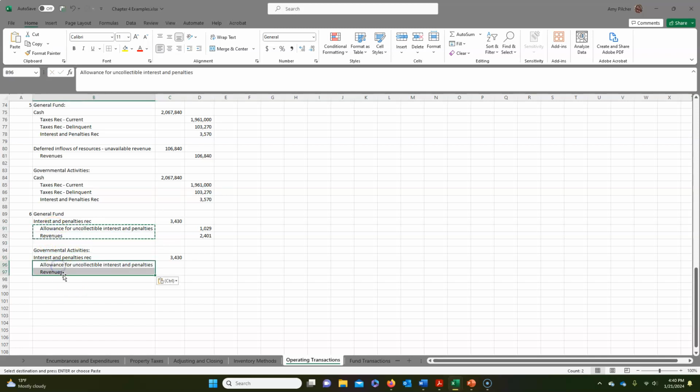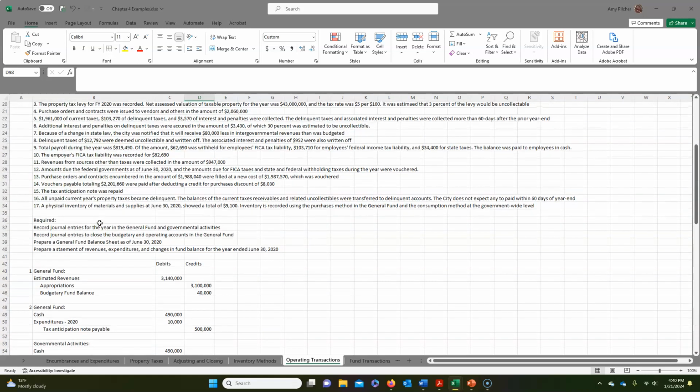Just this revenues account has a different name. So it's general revenues, interest, and penalties on delinquent taxes, and I'm going to abbreviate that. So the amounts are the same. The accounts are just named slightly different in the different journals.